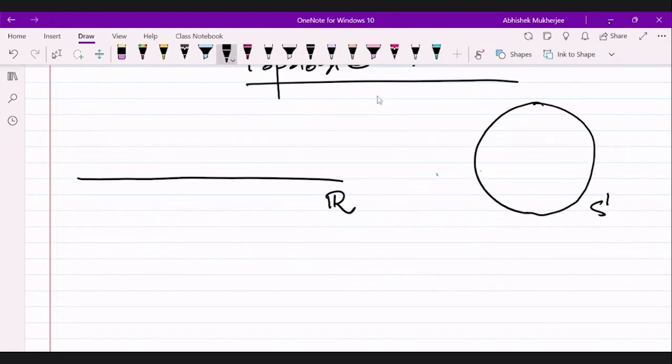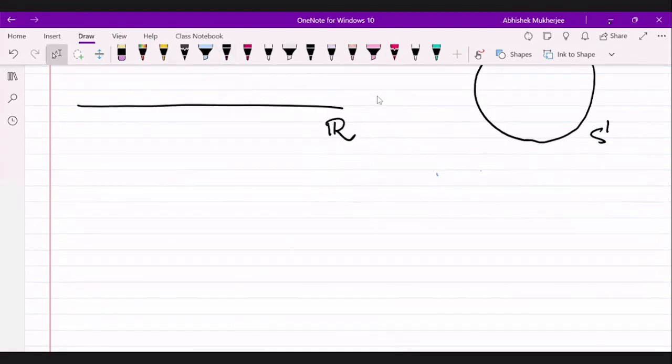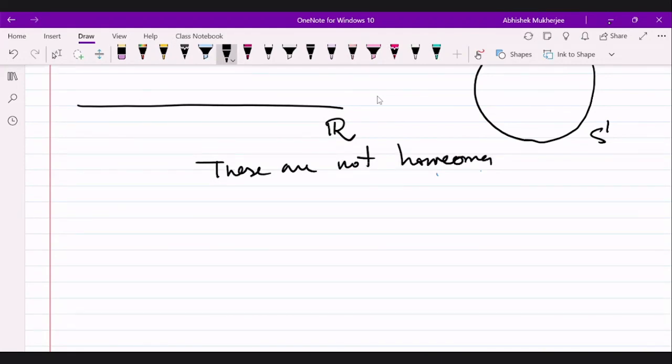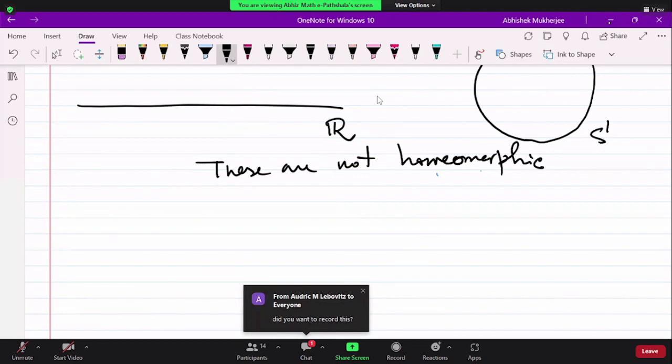Now, this is a very easy exercise, that these are not homeomorphic. Why is it so?